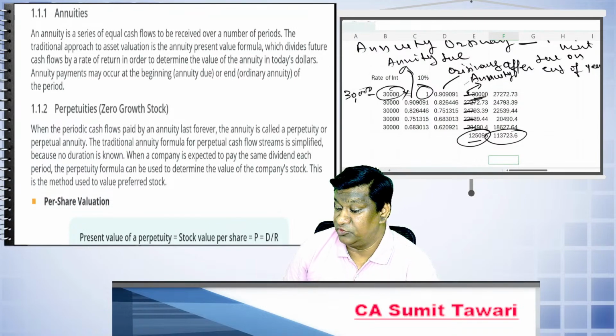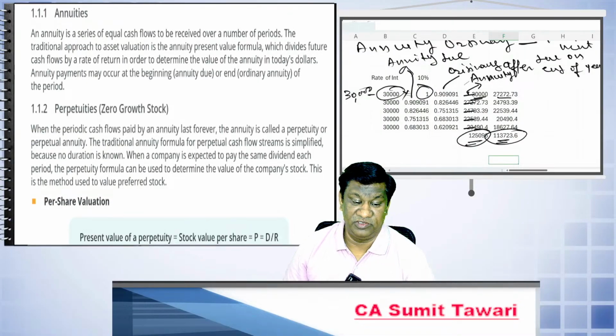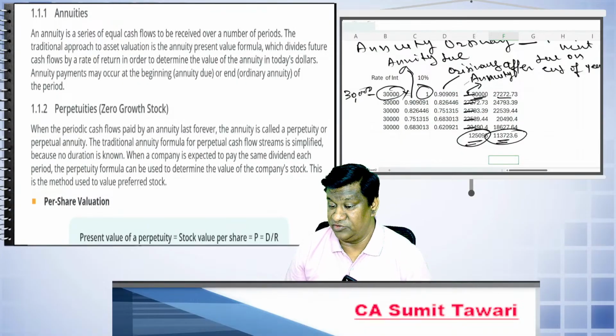So that's why I need to pay more. But if I pay the first installment after 1 year, in that situation, I may earn some amount in that year. So that's why the value of liability is less. Are you able to understand the difference between annuity due and the ordinary annuity?